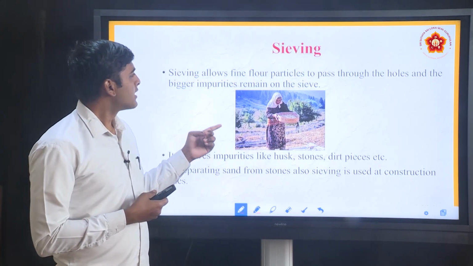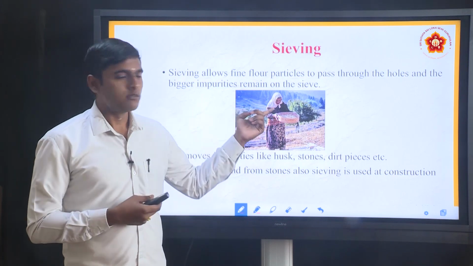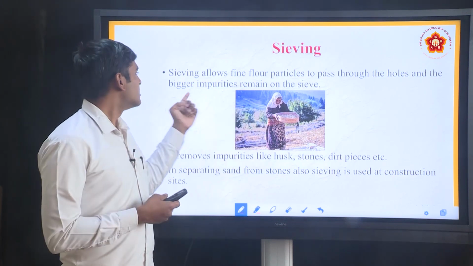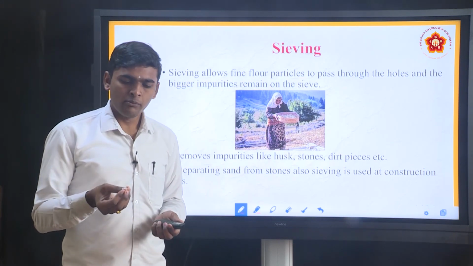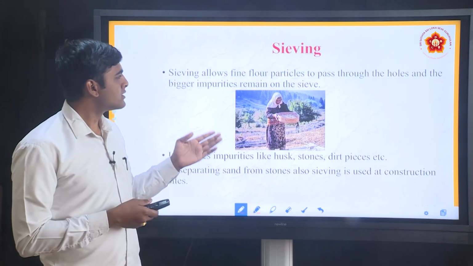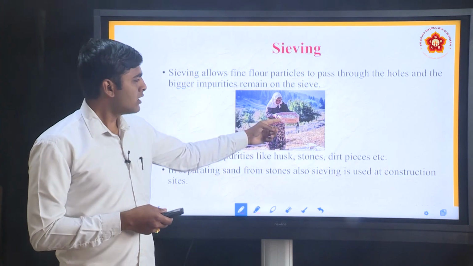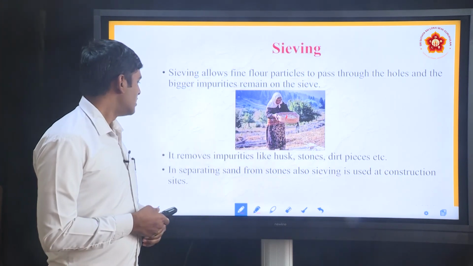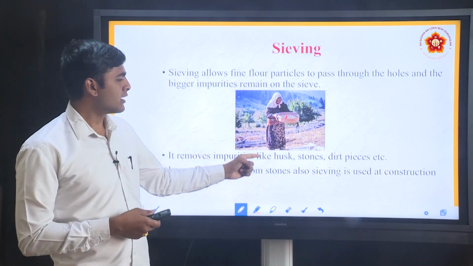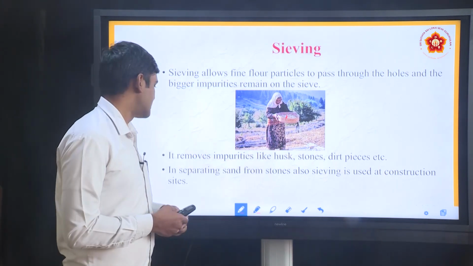The flour particles will pass through the holes of the sieve, and the bigger impurities remain on the sieve. We can throw the bigger impurities outside. It helps to remove impurities like husk, stones and dirt pieces.